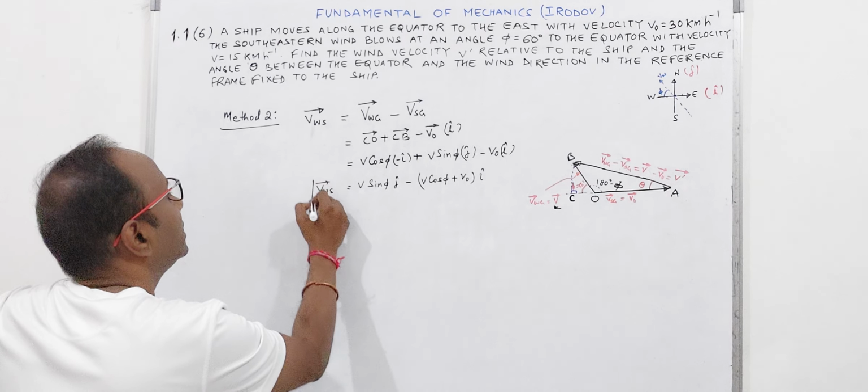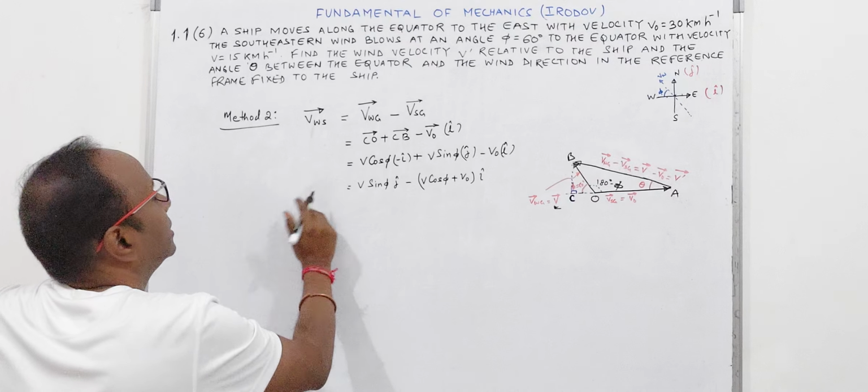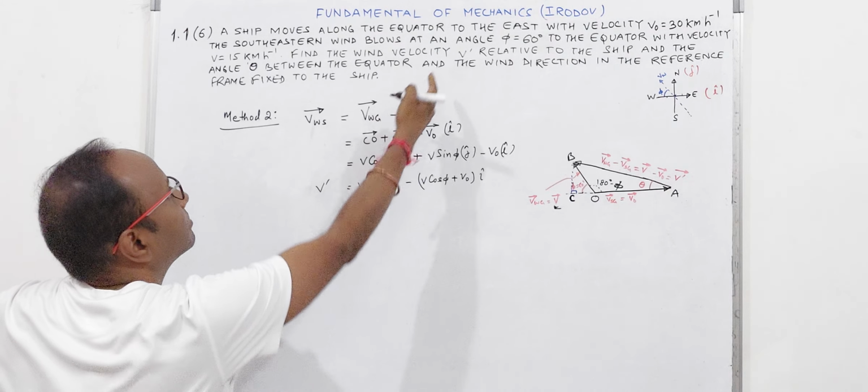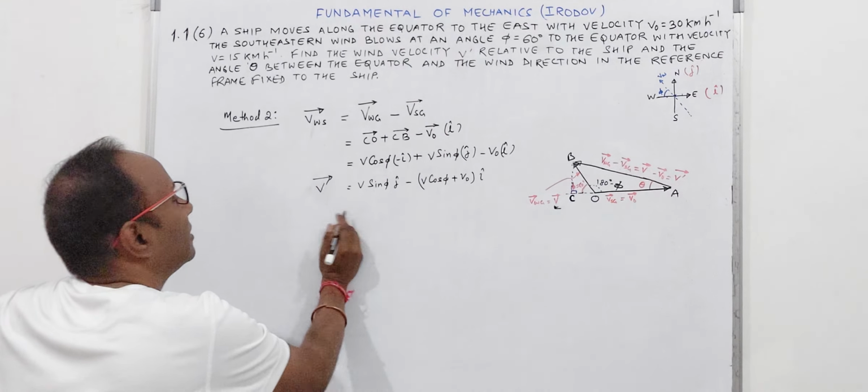So if you take the magnitude, VWS you can now replace with v dash because it is given as v dash here.